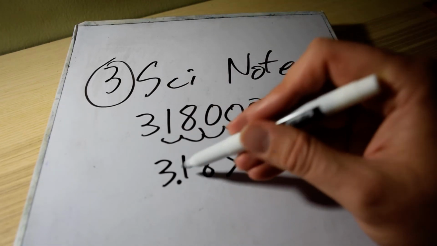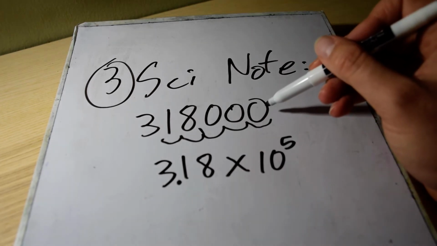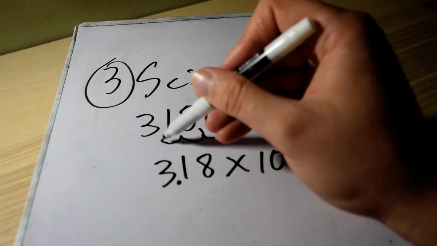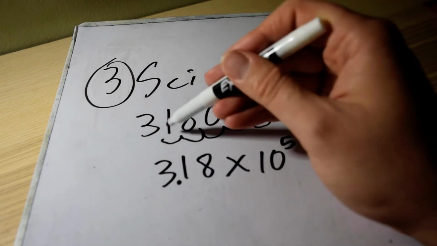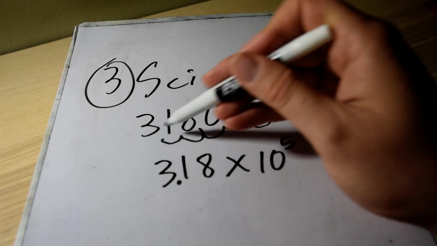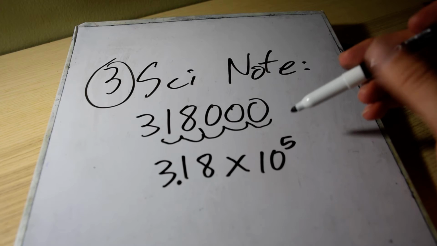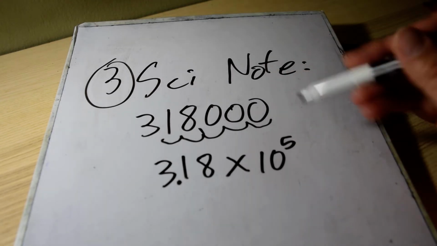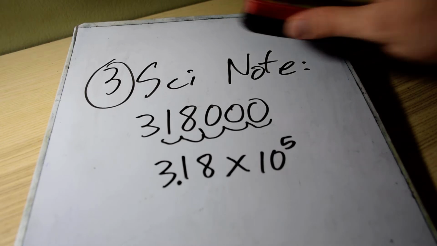So this thing times 10 to the 5 gives you this. I counted the number of points that the decimal jumped. So you just count the times the decimal jumps, and that is your times 10 to the power. This is an extremely useful way to write big numbers and needs to be understood by everybody.